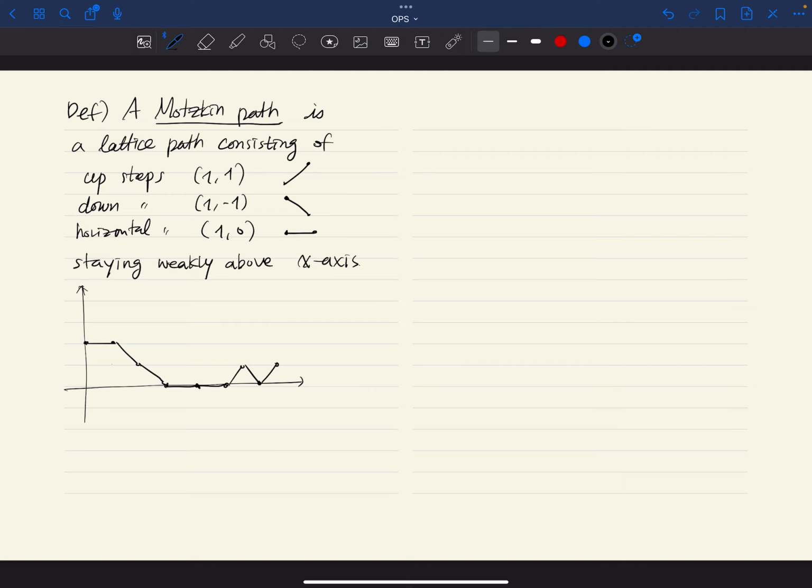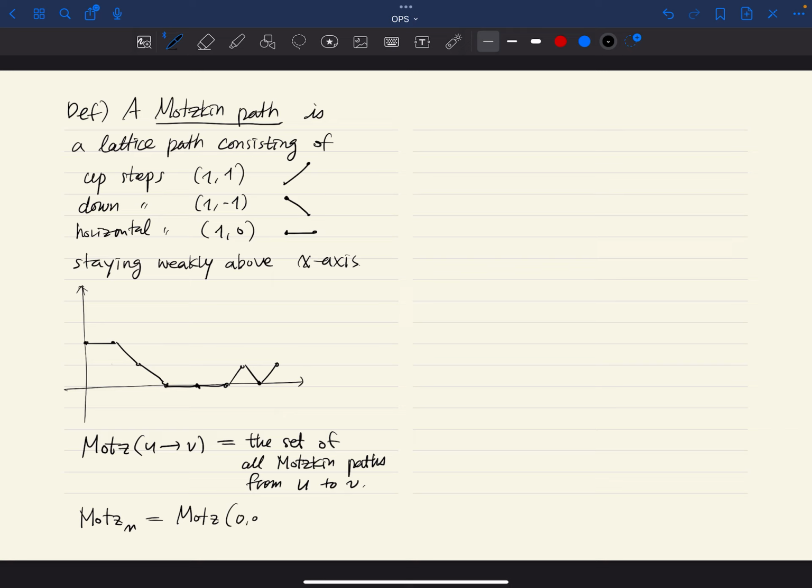And as usual, M from u to v is going to be the set of all Motzkin paths from u to v, and M sub n is going to be the Motzkin paths from (0, 0) to (n, 0). Now n does not have to be even, because you can go just horizontal. You can use horizontal steps.